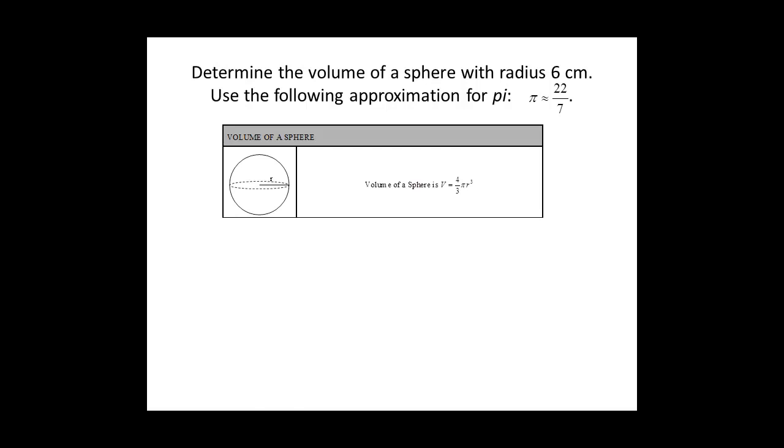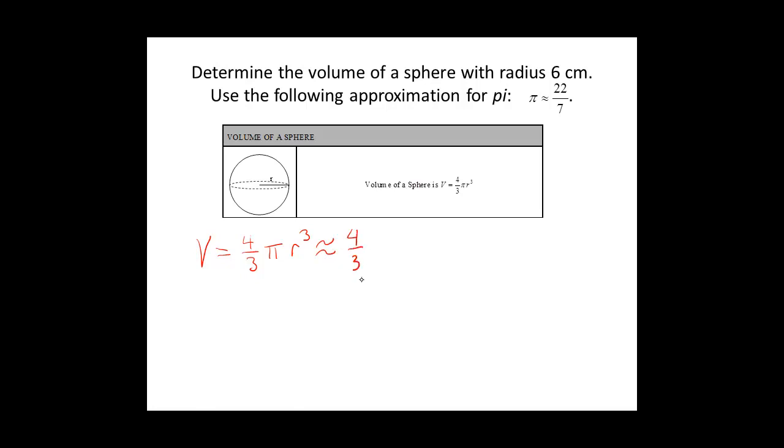The volume of a sphere equals 4/3 times pi times r cubed, where r is the distance from the center of the sphere to the outside of the sphere, the surface of the sphere. So the volume of a sphere is equal to 4/3 times pi r cubed. Because we're using an approximation for pi, we will use our approximation symbol.